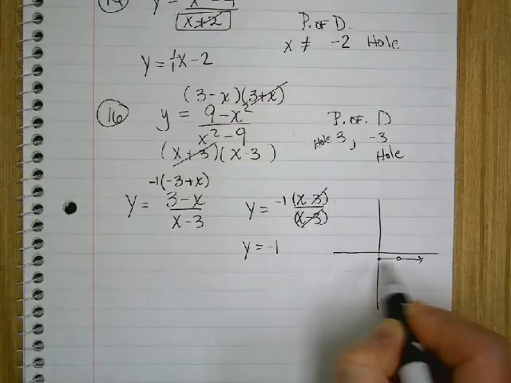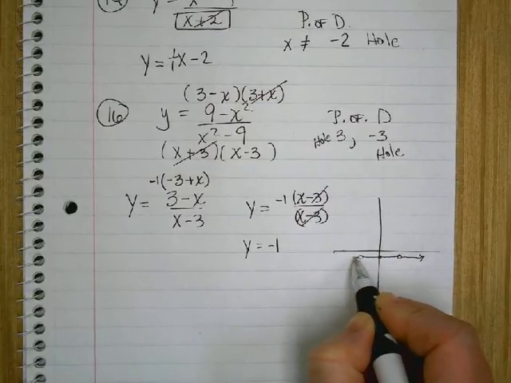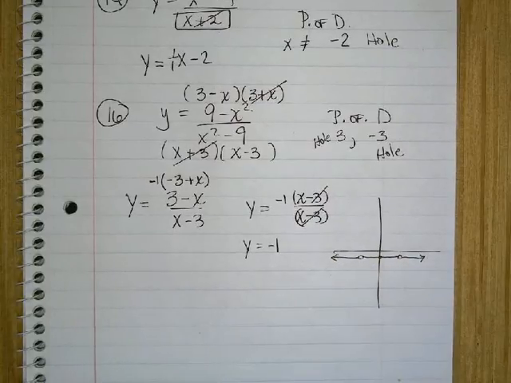And I'd come over here to negative 3, and I'd have a hole. Anybody have a question? I know this is new stuff, but none of it's terribly difficult. Okay. So we've talked about points of discontinuity, and then we categorize them as holes or vertical asymptotes.